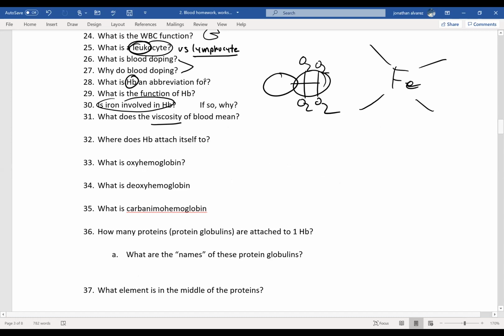Oxyhemoglobin is the ability of oxygen to bind to that part of the hemoglobin. Deoxyhemoglobin is the ability for CO2 to bind.